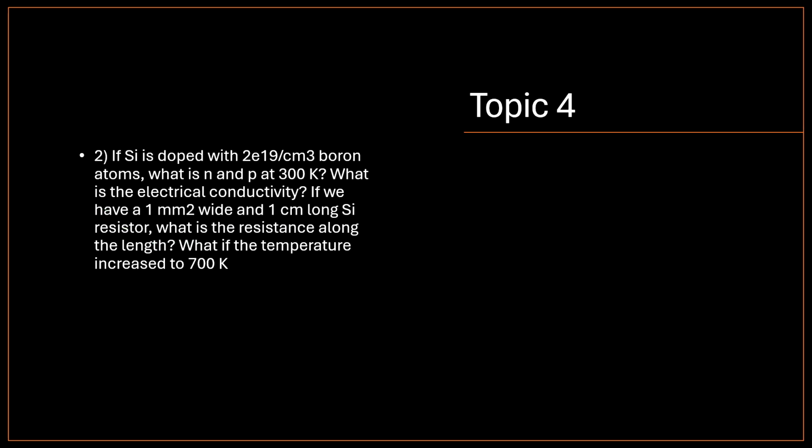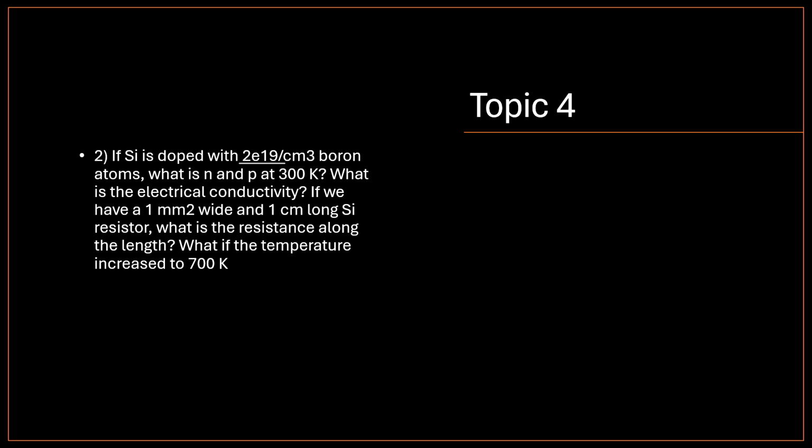Topic 4, question 2. For this one, it's going to be a little bit different because first we are looking at a question and it says that silicon is doped with 2e19 per centimeter cubed boron atoms, and we need to find N and P at 300K. We also need to find the electrical conductivity.